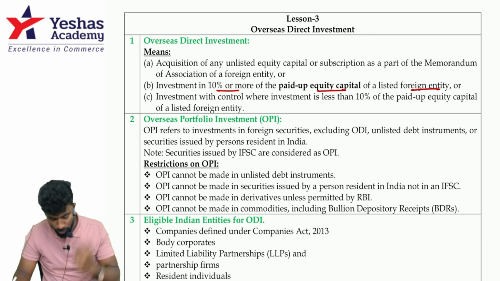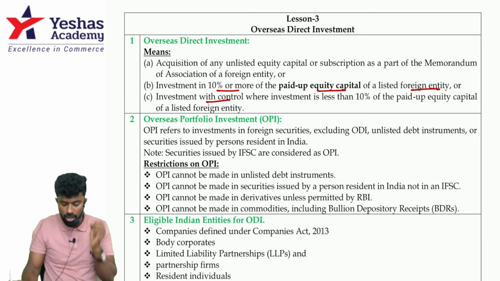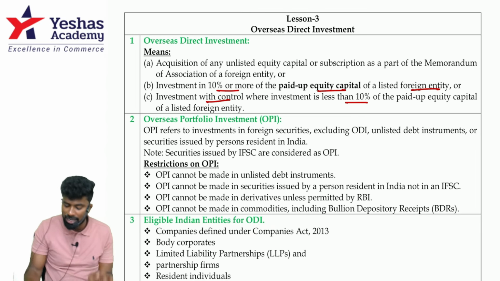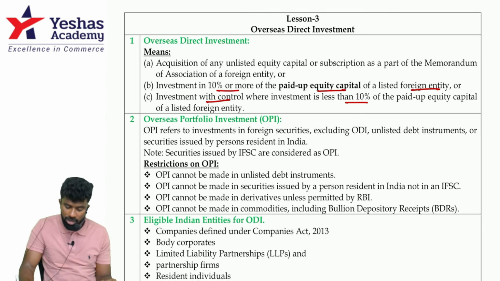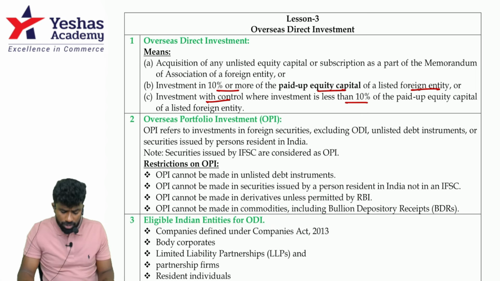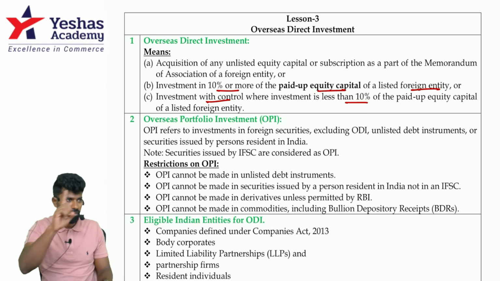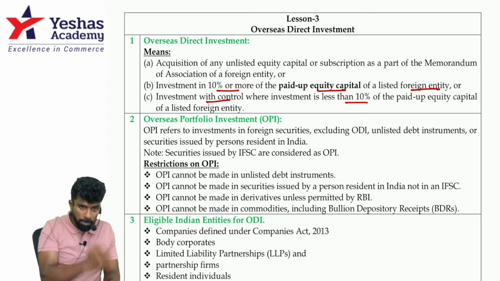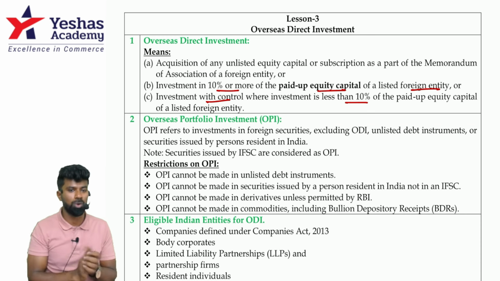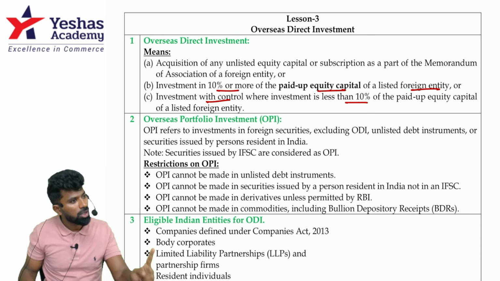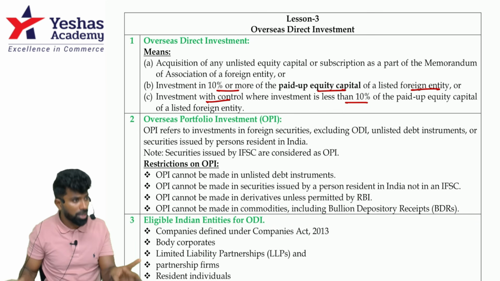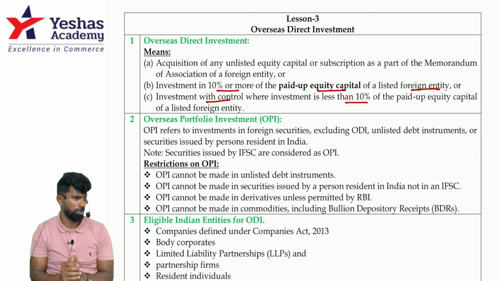Investment with control, where the investment is less than 10% of the paid up equity capital of a listed foreign entity. Even if you have invested less than 10%, but you have invested with control, it is called overseas direct investment. So what is overseas direct investment?